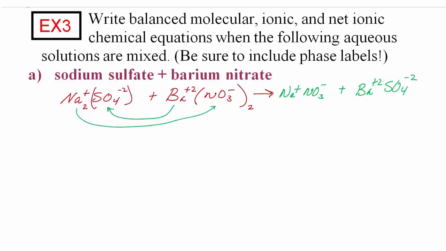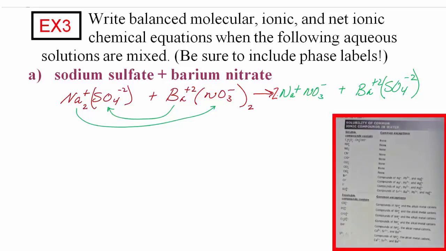Okay, make your charges subscripts. Here they're just going to cancel out. Okay, make sure you're balanced before you move on. You have 2 nitrates on this side, so we have to have a 2 here. And see, we're balanced now. Okay, now remember the next step is to write AQ or solid on everything.